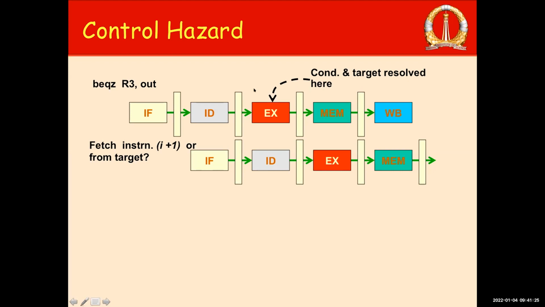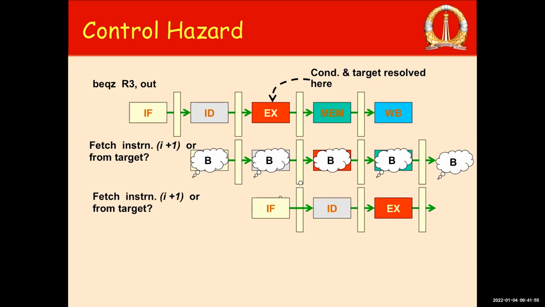And even if you know that it has to branch, you don't know where to branch to, because all of that is going to be calculated only in, let's say, cycle 2, whereas in cycle 1, you have to fetch the next appropriate instruction. Therefore, if the ith instruction is a branch instruction, then in the next cycle, we don't even know what to do. So we have to incur a stall there.